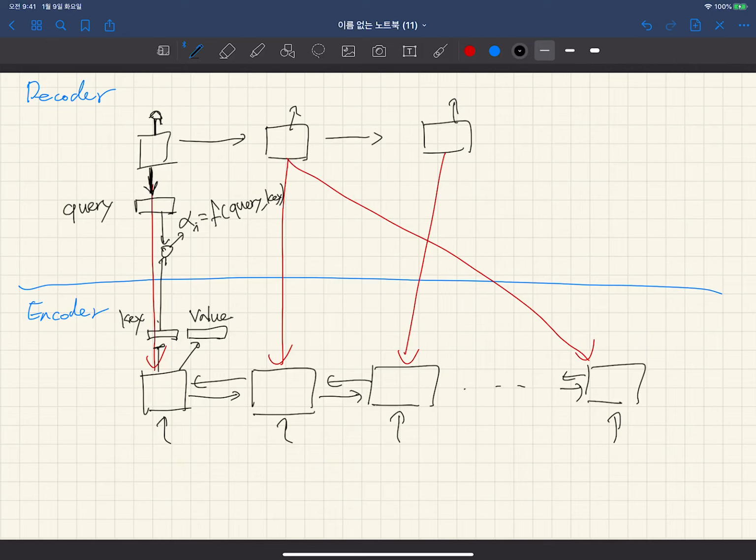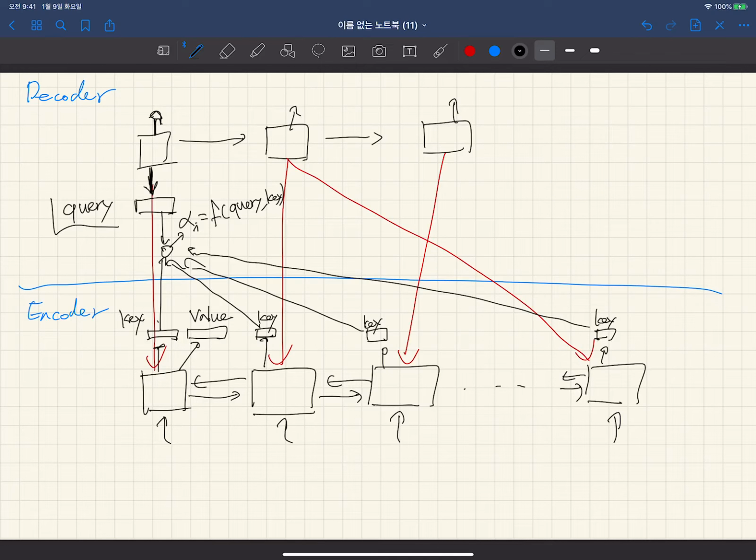Basically you have to compute alpha i for the keys of all input positions, and compute the similarity between this query and all the different keys.